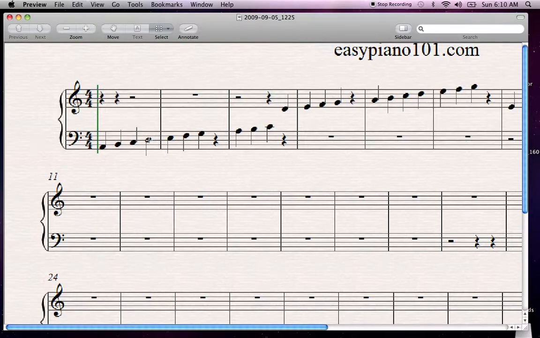But it all works out with so many beats in every measure. The top number will tell you how many beats are in each measure. And the lower number will tell you which type of note, a half note, a whole note, or eighth note, gets the 1 beat.